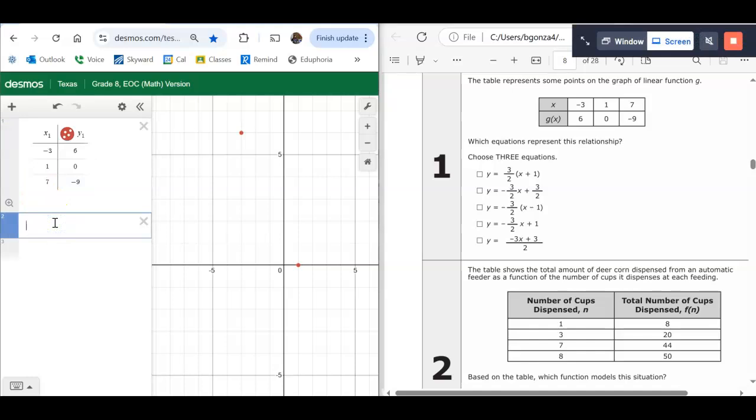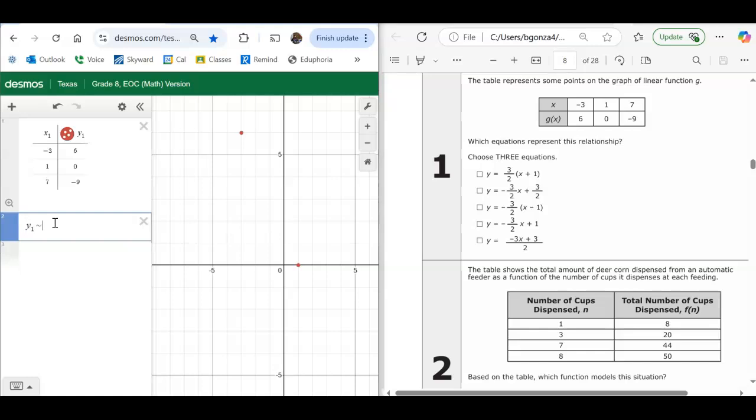Reminder, what do we press first to get the regression? We type y1 squiggle mx1 plus b, right? So y1 squiggle mx1 plus b.